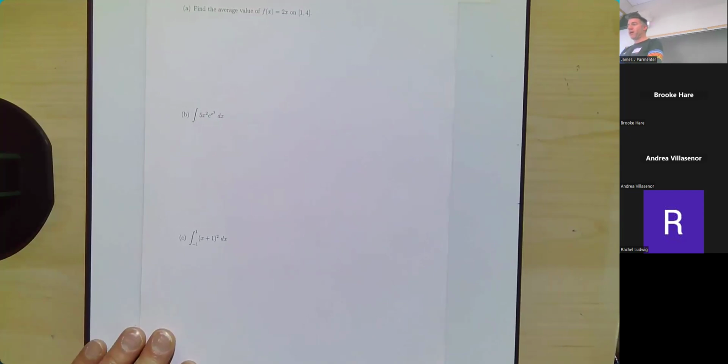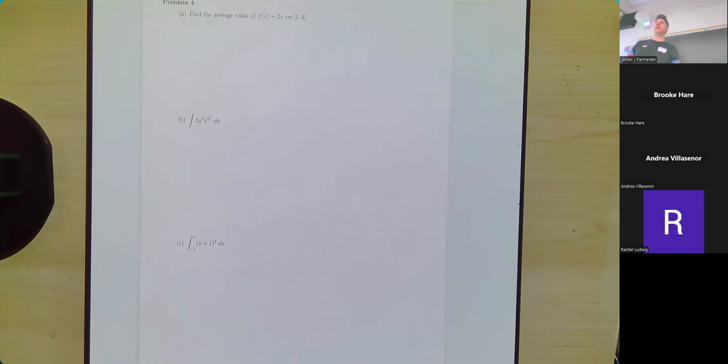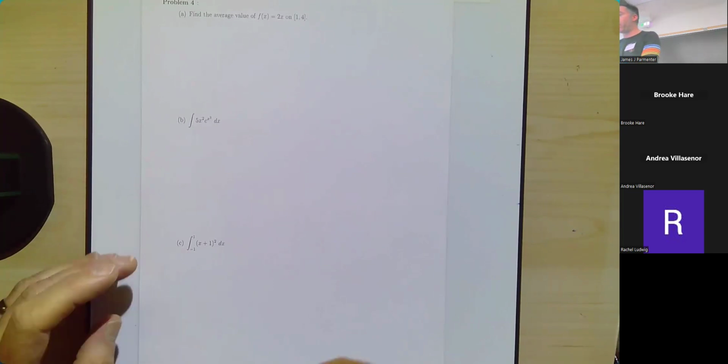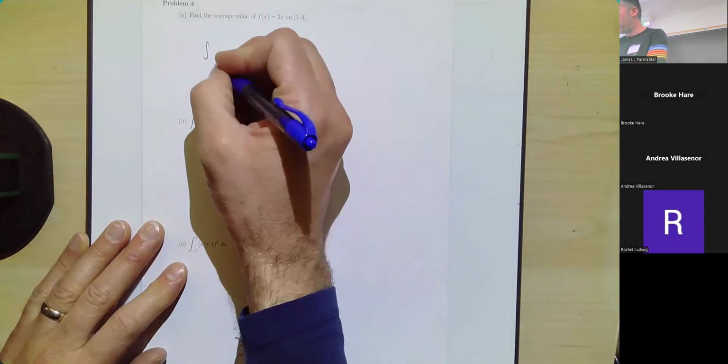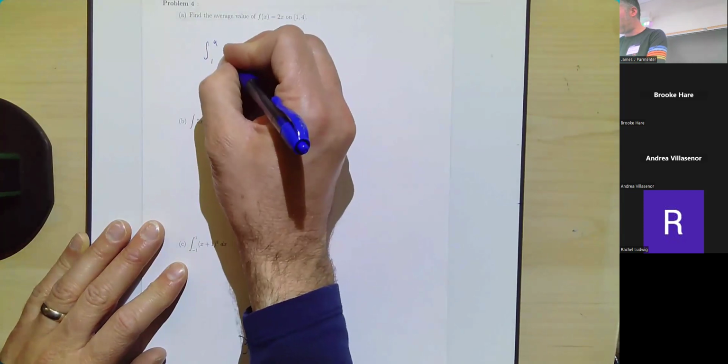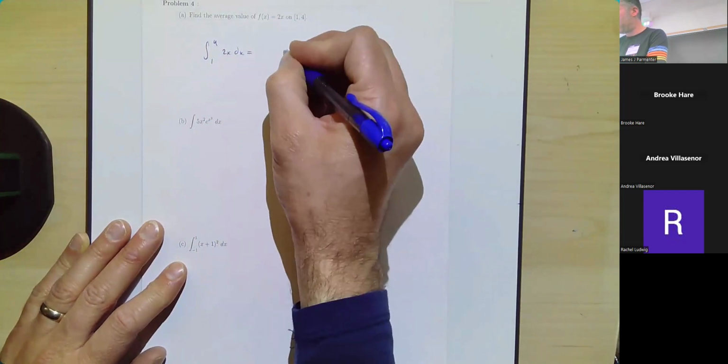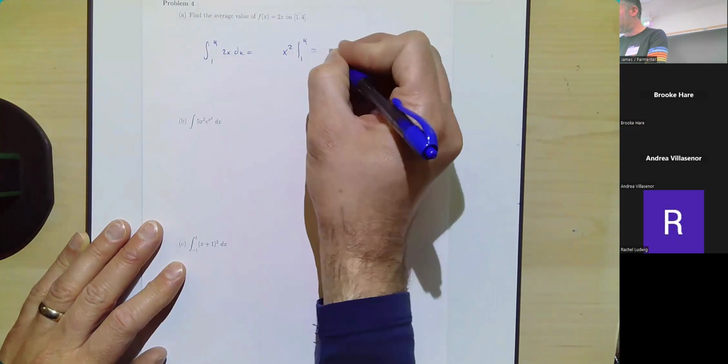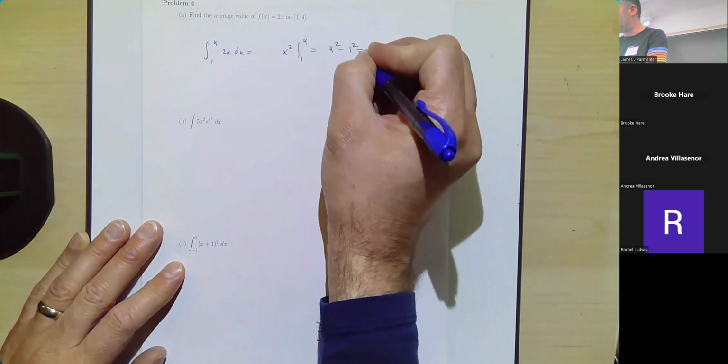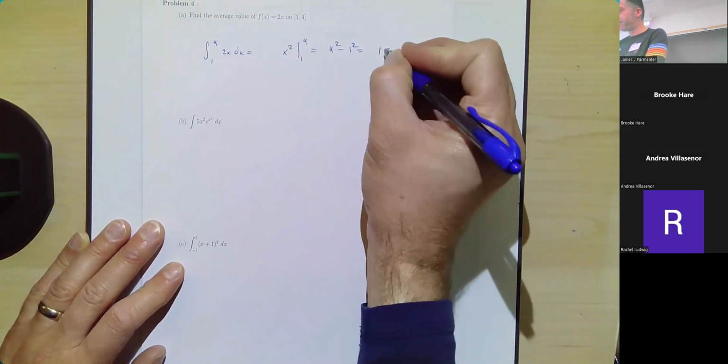Average value. Average value is kind of like the best thing, not the best thing ever, but you shouldn't be scared by it. You're just taking an integral and doing one little additional thing. So here's that point out. I would say that the integral from 1 to 4 of f of x dx is equal to x squared from 1 to 4, which is 4 squared minus 1 squared, which is 15.